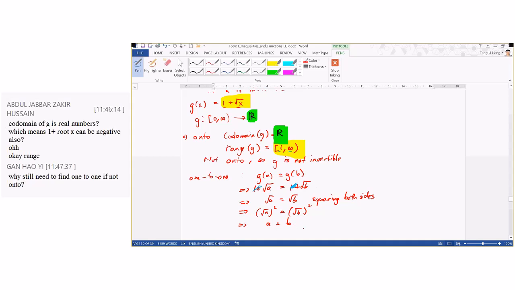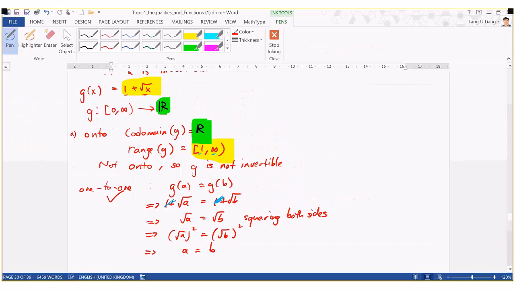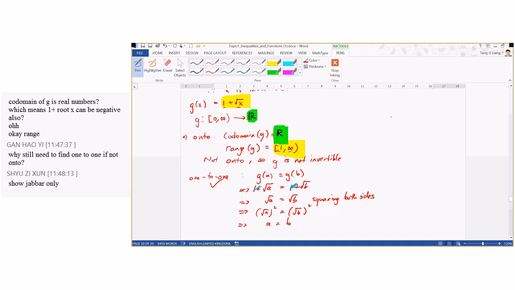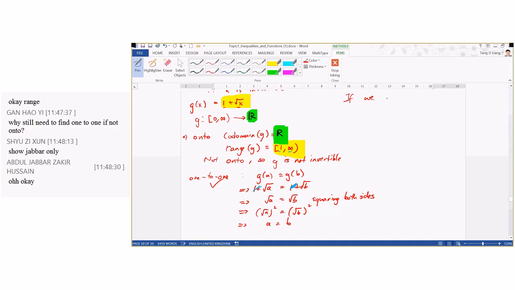You can't modify the range of G, but you can modify the codomain. So you set the codomain of G to be 1 to infinity, purposely making it equal to the range of G. And then you are done. The new function G takes from 0 to infinity and maps it to 1 to infinity.